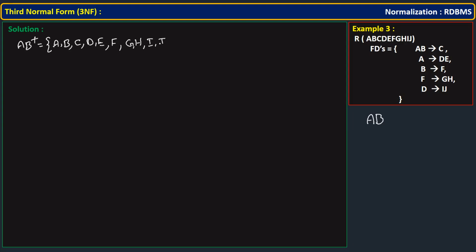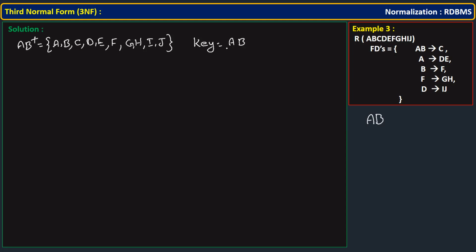So if you observe, these two attributes derive all attributes in the relation. So that means the key is A, B. So that is the first step done.